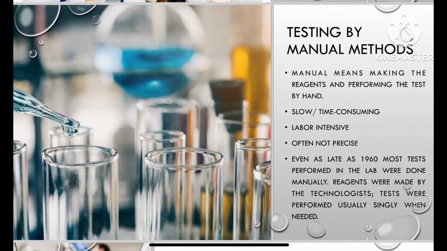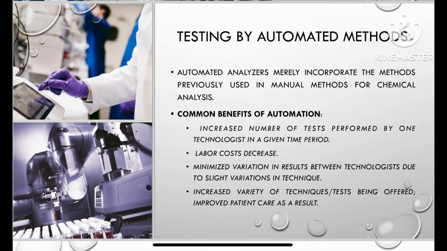It may be accurate, but we cannot assure its precision because of reproducibility issues, and at the same time, there is no standardization when we do testing through manual methods. Thanks to technology, we can now test all the analytes and all the other processes through automated methods.